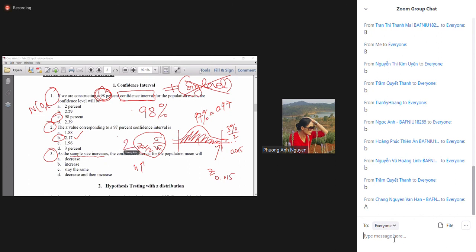Sample size increases. It means n increases. Intuitively, when n increases it means that we have more information, so you should get a better confidence interval.